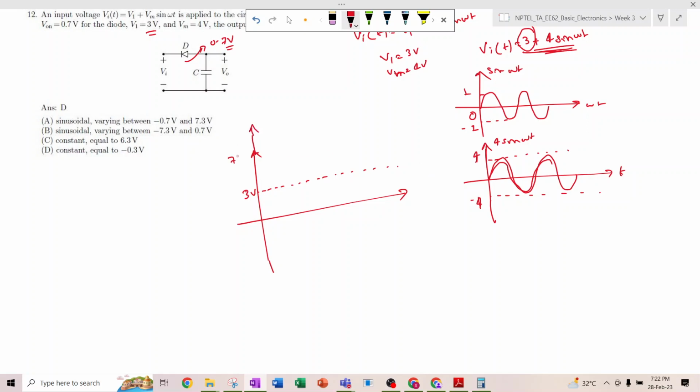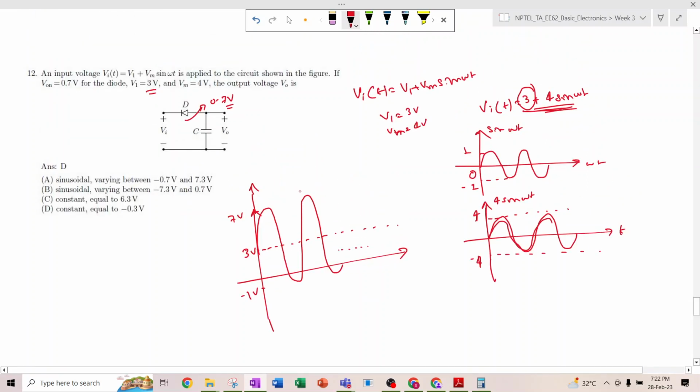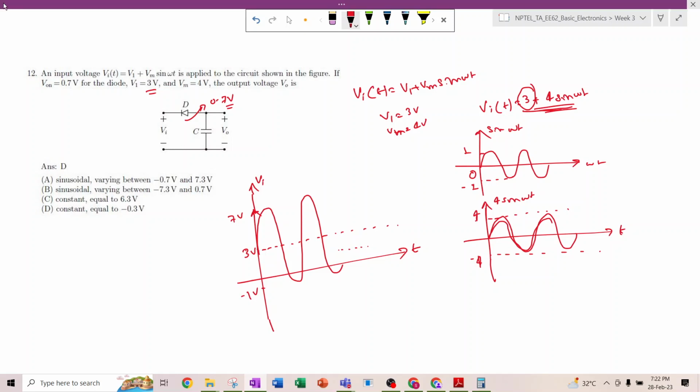So suppose this is the 7 volt, and 3 minus 4 is minus 1. Suppose this. Okay, so that will be the voltage. So now this voltage is applied to the circuit.